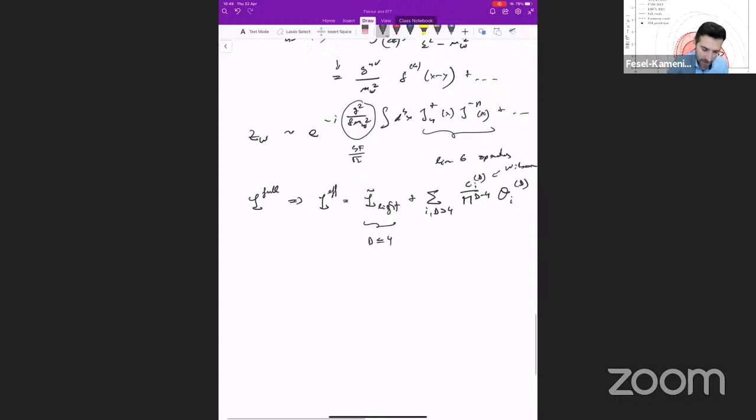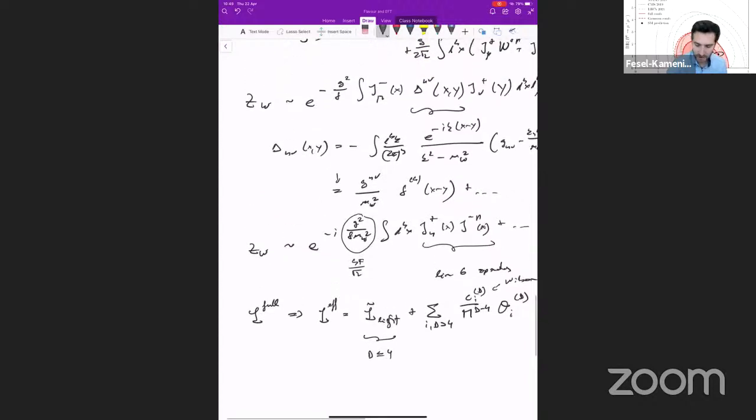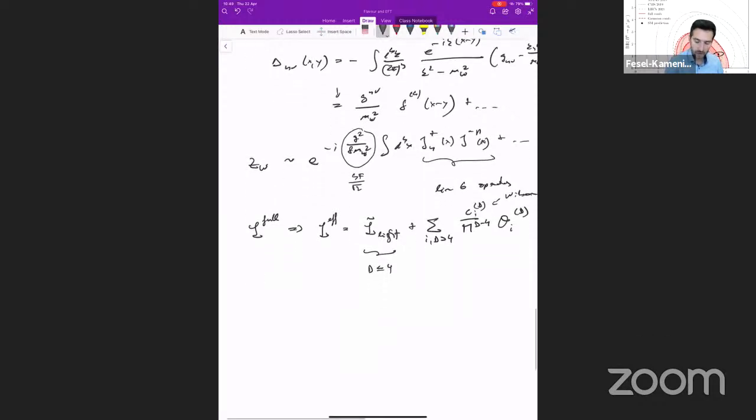As we see now in this procedure, these large logs only appear in the normalization of the parameters of the light Lagrangian, and potentially in the normalization of these Wilson coefficients.